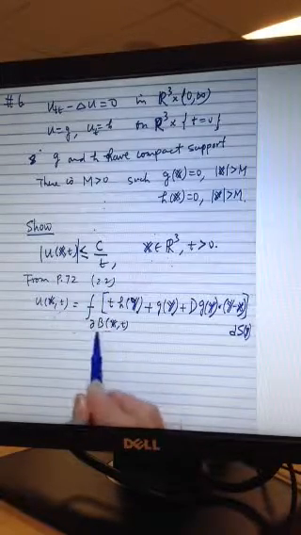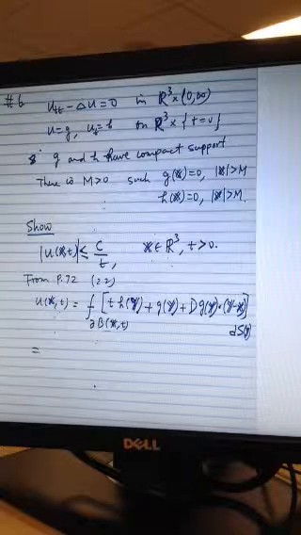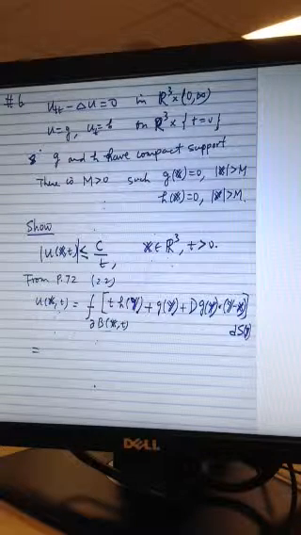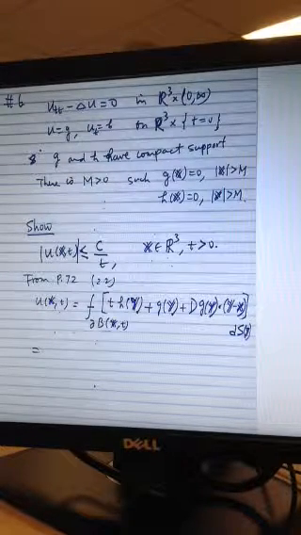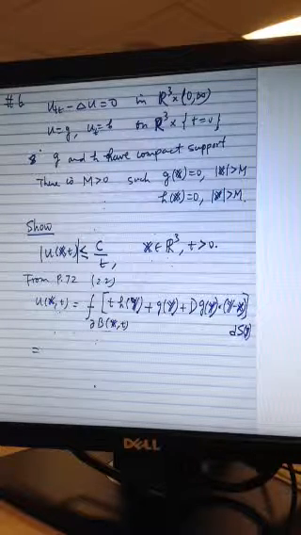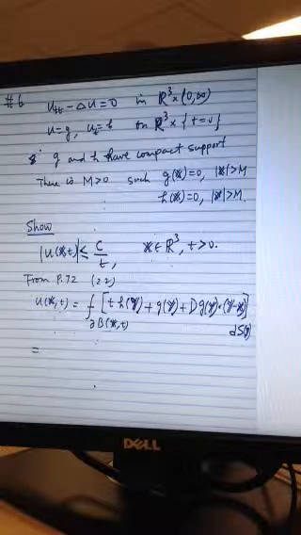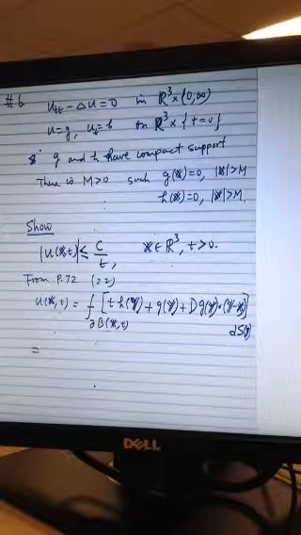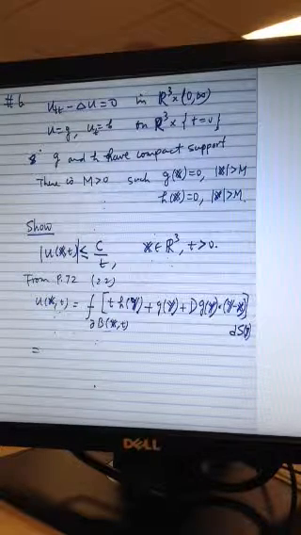So let us understand what this means. The formula for that is in the appendix. If I look at the appendix, the page number is A3, page 702.